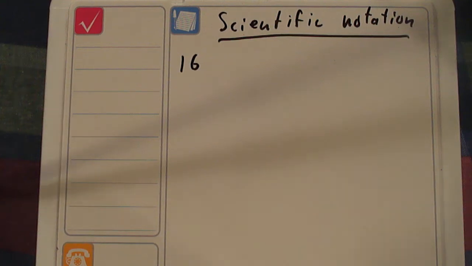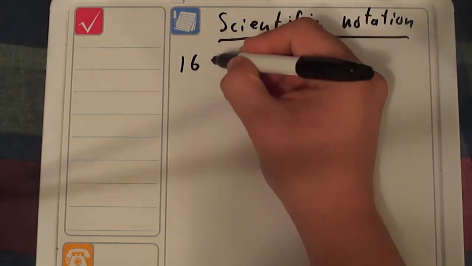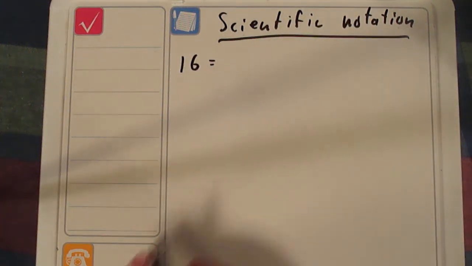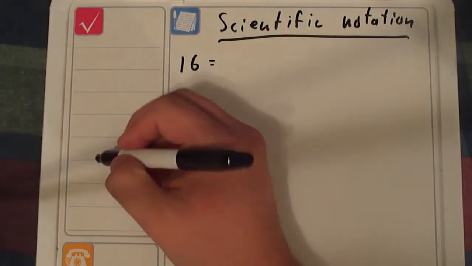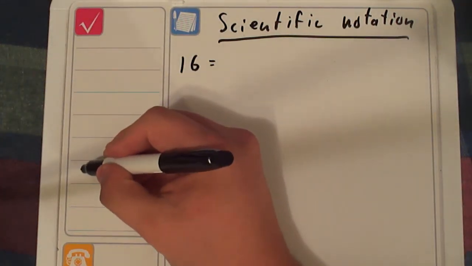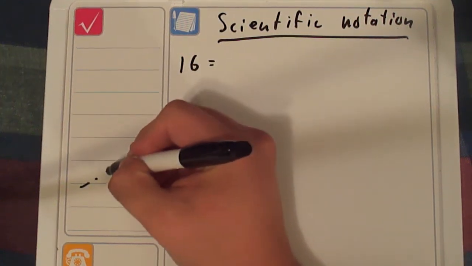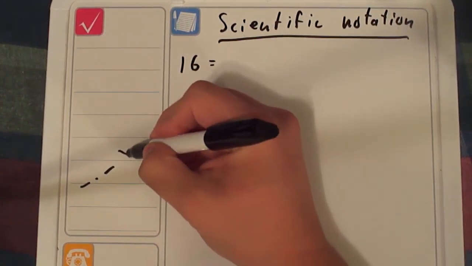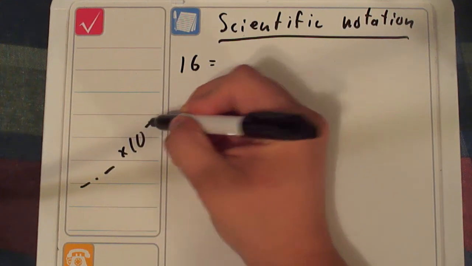So 16 itself is a very simple, easy number, but you can use scientific notation, which can actually make it harder, but we'll get to examples that work better. So 16 in scientific notation. This thing for scientific notation is something point something times 10 to the something.